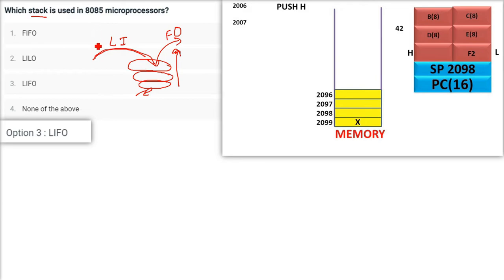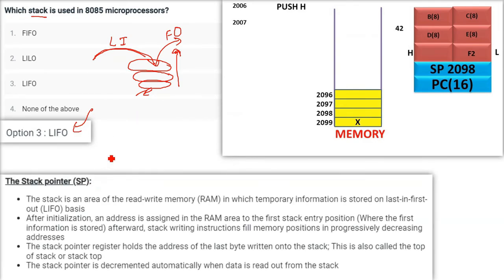Let me tell you more about this, because stack is very important when it comes to any microprocessor or programming as well. The stack is an area in the random access memory, read-write memory, in which temporary information is stored on a last in first out basis.